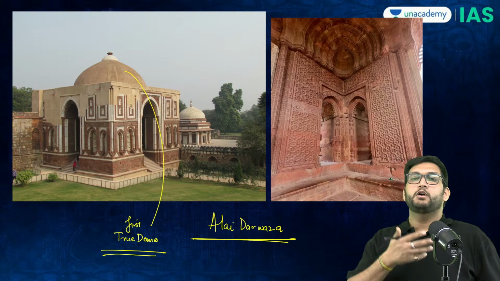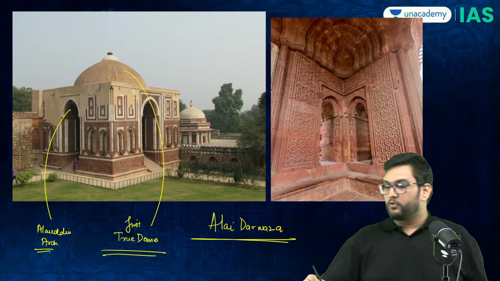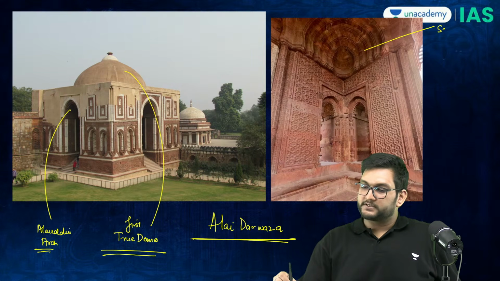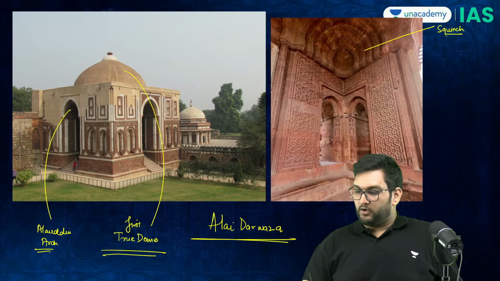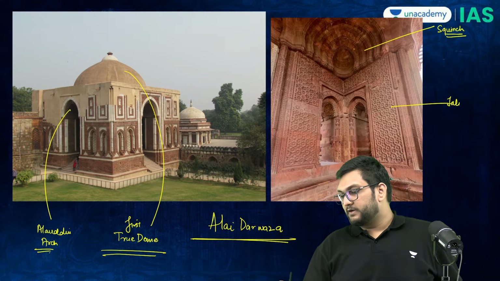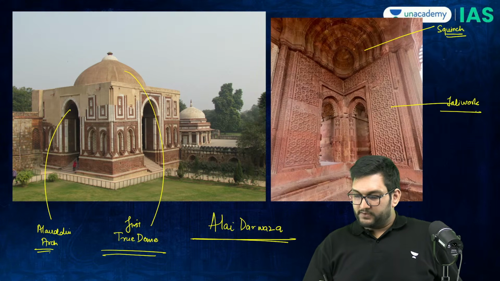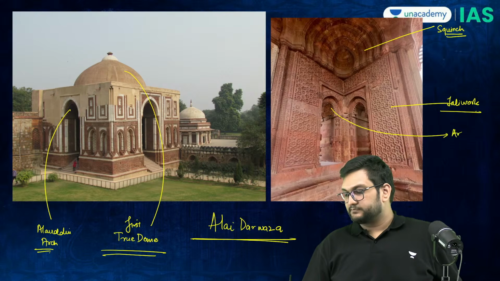Whatever reconstructions you see were done by Smith only. He was the ASI officer who reconstructed a lot of elements which were destroyed. But this has the iconic Alauddin arch, along with, if you go inside, a proper squinch, along with galley work, along with arches for load bearing.